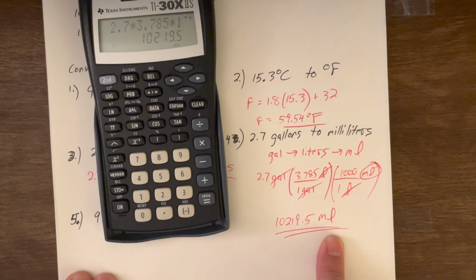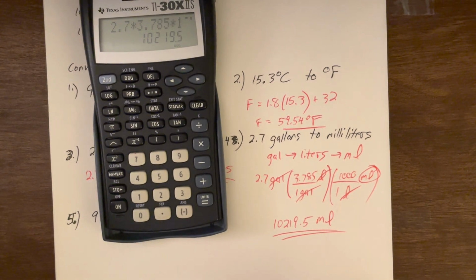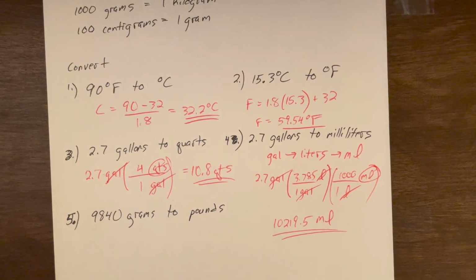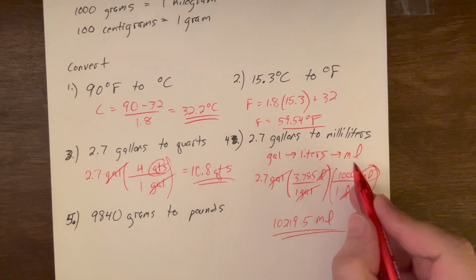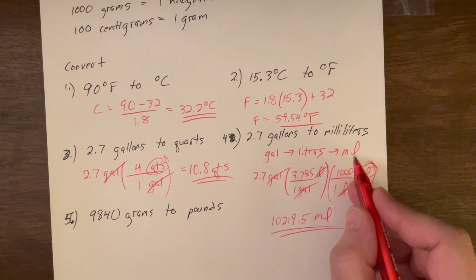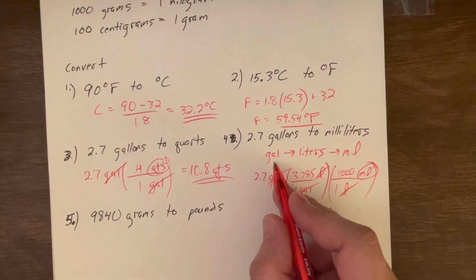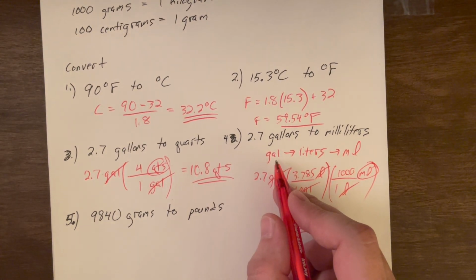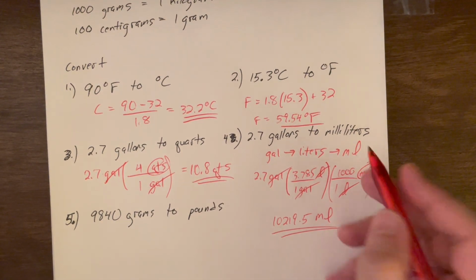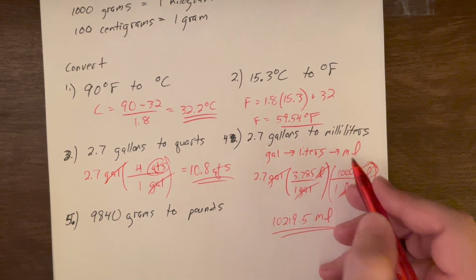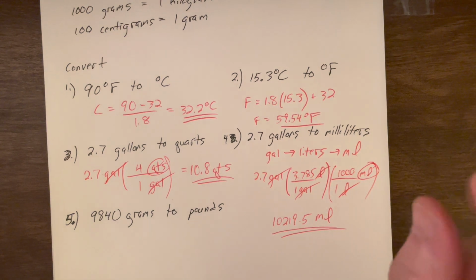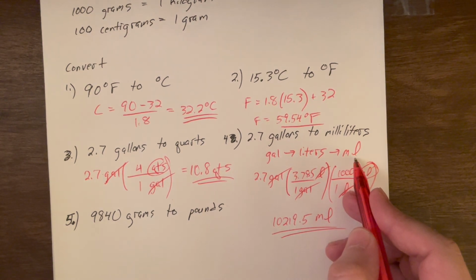You know, we have mentioned before having a decent sense of whether your answer is in the right ballpark. A milliliter is a very, very small unit, whereas a gallon is a fairly big unit. Think about a gallon of milk, a fairly large container, whereas a milliliter, if you take your science classes, you have those little droppers that often measure things in milliliters.